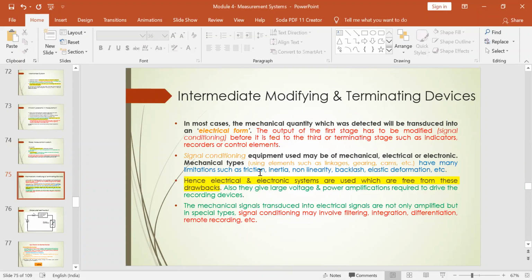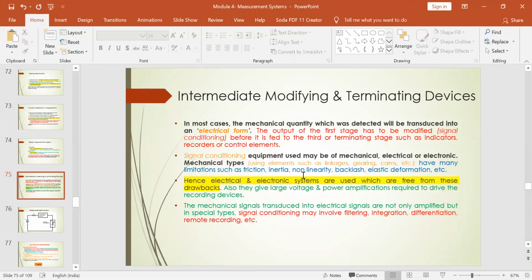All these we have dealt with already. In comparison with mechanical, electrical and electronic types of transducers are more feasible because they have fewer drawbacks, but large amounts of voltage and power amplification are required to drive the recording devices.